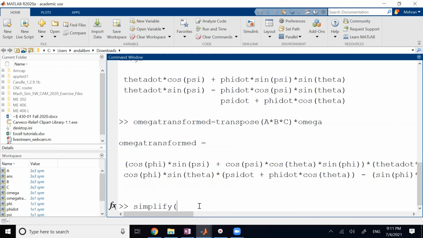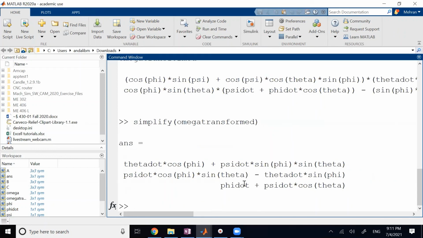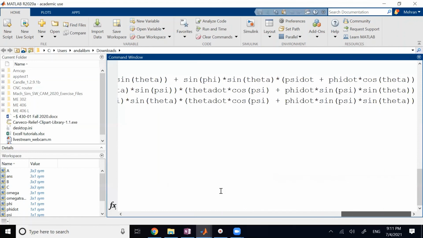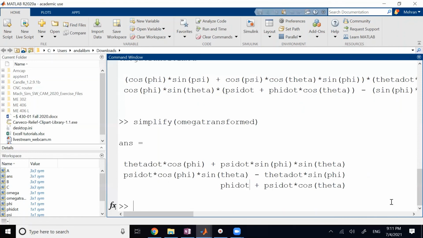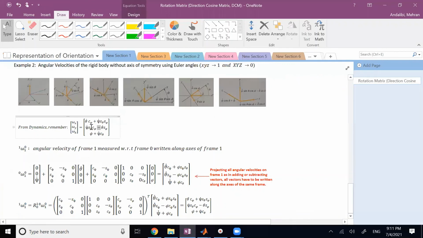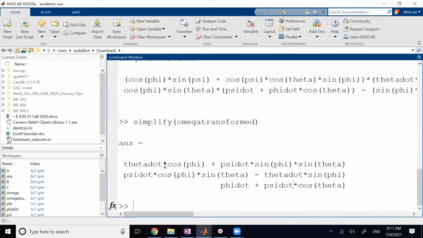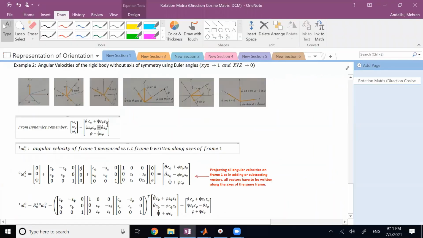Just say simplify this for me, see if it can do it. And if you do, there we go. Now it made that whole big thing that you had up there into this nice form: phi dot plus psi dot cosine theta, which you can see here. And then the top two terms, theta dot cosine phi, correct, which you can see here, plus psi dot sine phi sine theta, which you can see here, and then the next term.